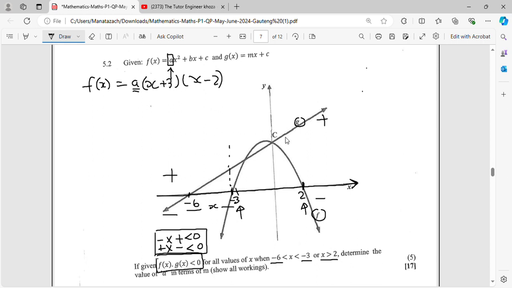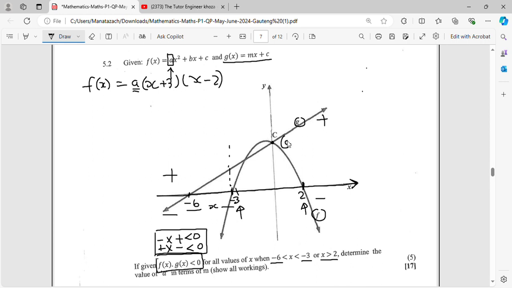Now let's look for another point, because we've used all the roots, -3 and 2. You'll notice that the parabola also passes through point C over there. So we just need to find point C. Also, the straight line is passing through the very same point C. Basically, we know that point C will be the y-intercept for both graphs.